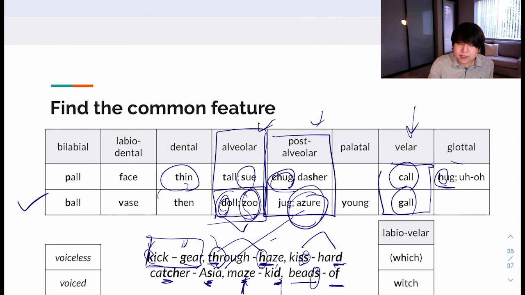Beads, although it's spelled s, sounds voiced like z in zoo. While f in of, although it's spelled f, actually sounds like v, as in vase. So what do v and z have in common? Vase and zoo. They are both voiced consonants. So the common feature between beads and of is voiced.